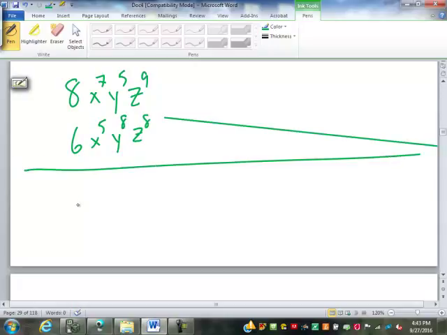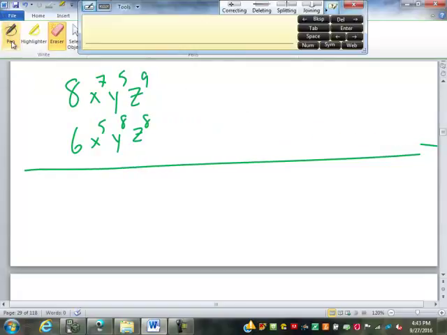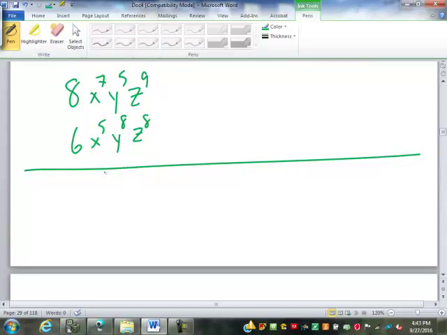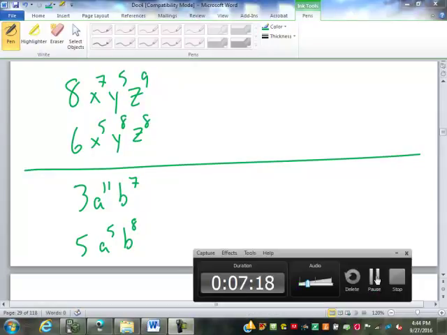And I'm going to have you try this one. Try the 2 of those in your notes. See what you come up with.